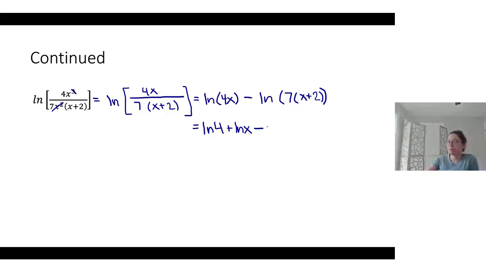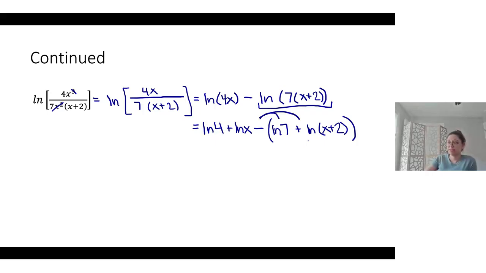And we have to be really careful here because we're going to expand this, but our entire expansion is still being subtracted. We're going to put that in parentheses. We expand this with addition, natural log of 7 plus natural log of x plus 2. And this is where students usually make mistakes because the subtraction goes to everything in parentheses.